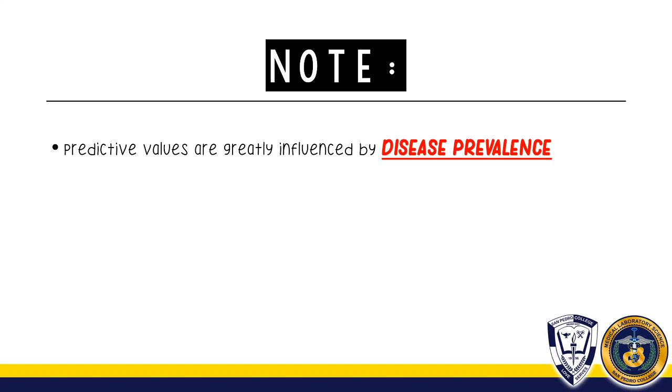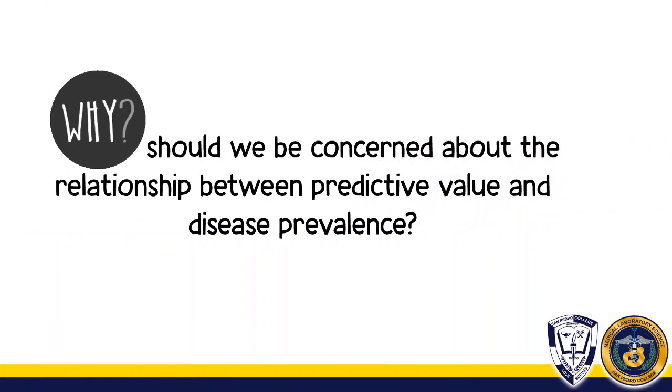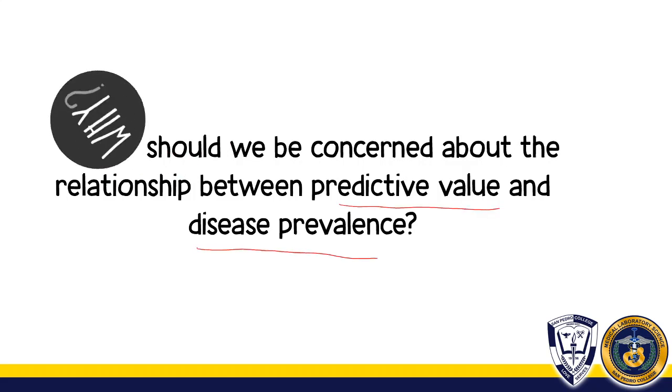As I mentioned earlier, the higher the prevalence, the higher the predictive value. So please take note of this, and let me pose this question: why should we be concerned about the relationship between predictive value and disease prevalence?